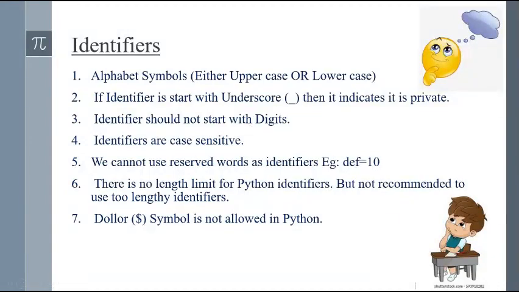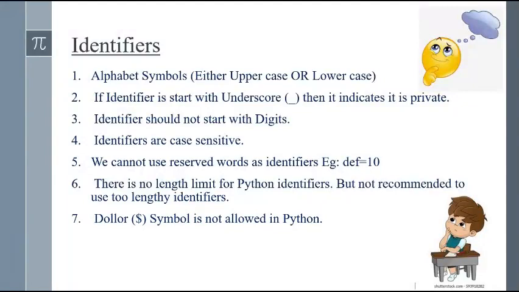Like if my name is Jaya, I would write underscore jaya in lowercase. You can write in uppercase or lowercase, it is your choice. It indicates it is private.